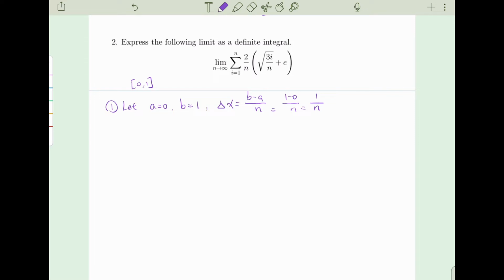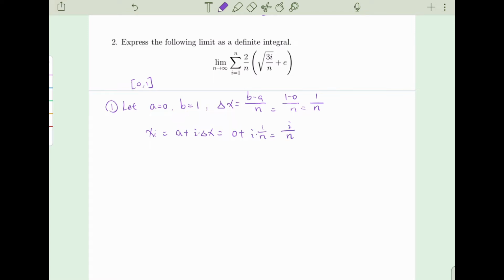And I also need to find my xi, not delta x, by using a plus i times delta x. So that's going to be 0 plus this i times 1 over n, which is i over n.